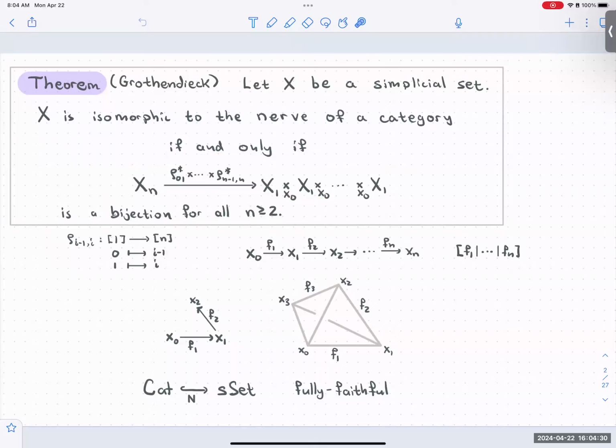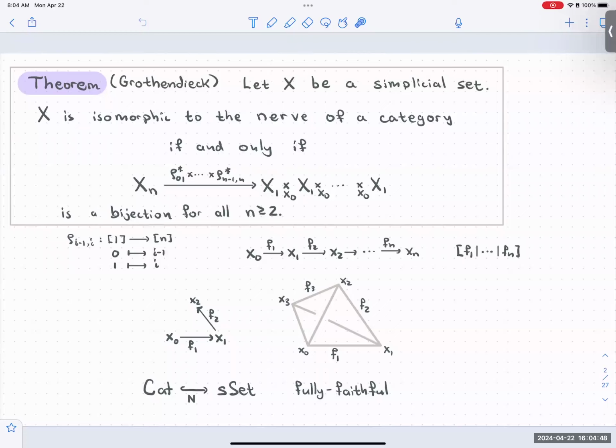So what this is saying is that an n simplex in a category is actually just a string of one simplices. Okay, so we think about it as these one simplices. These are the morphisms in the category.